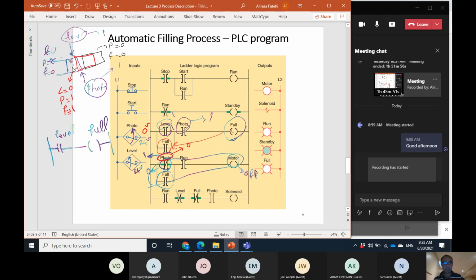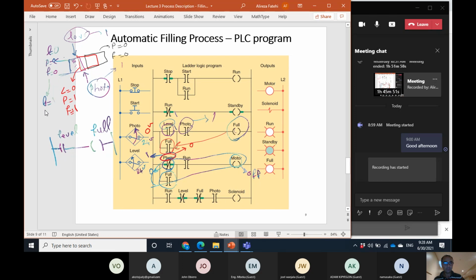And when there's enough material on that, the level becomes 1, the photo is still 1, and the full also becomes 1. But the full remains 1 until the box is clear from the photosensor. Sorry, it remains 1 until this time. So at this time, the full becomes 0.